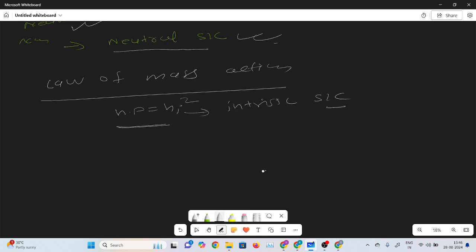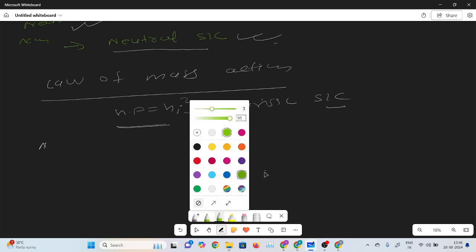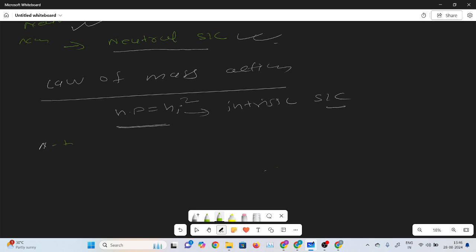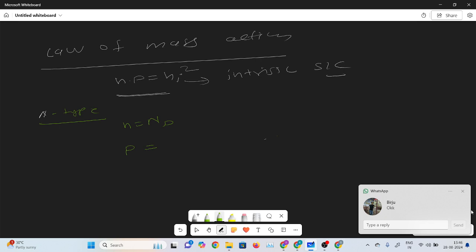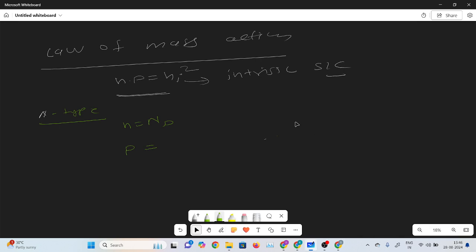Actually, in case of the n-type semiconductor, I told you the majority carrier concentration is electron, that is n equal to Nd, the donor concentration. So how can you calculate the minority carrier concentration? p is equal to ni square divided by n, that is ni square divided by Nd.